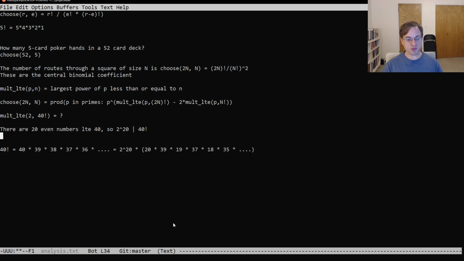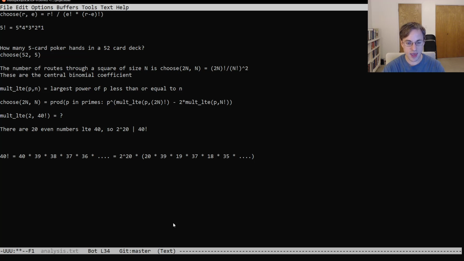Now, even after we've divided out a 2 from every even number, you'll notice that there's still some multiples of 2 remaining. Like this 20 has a multiple of 2, this 18 has a multiple of 2, and in particular, any number that was originally divisible by 4 is still divisible by 2.